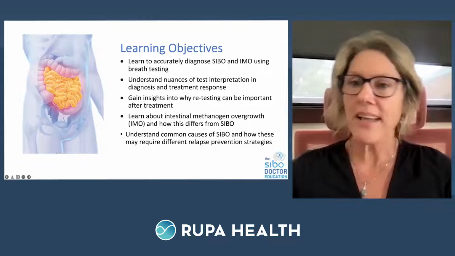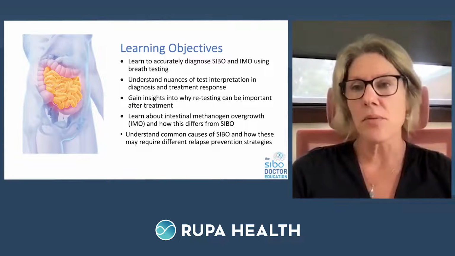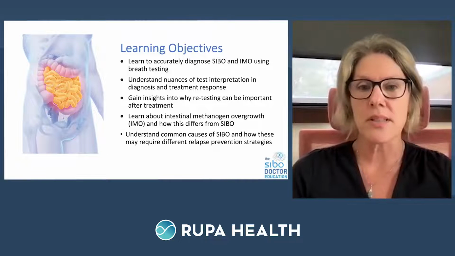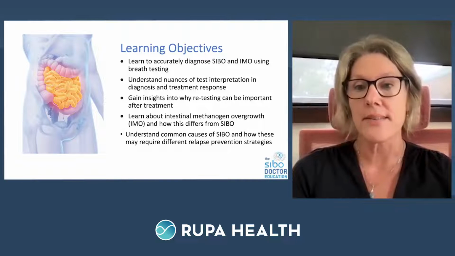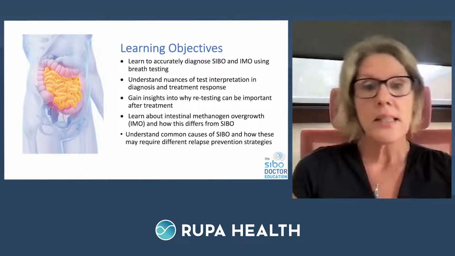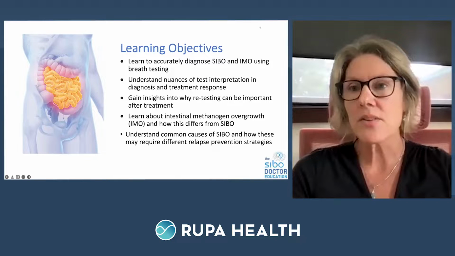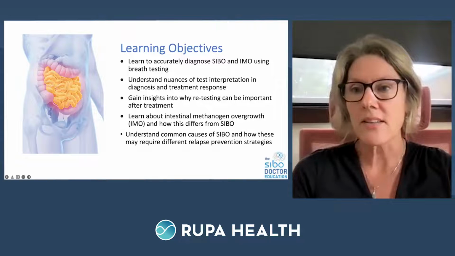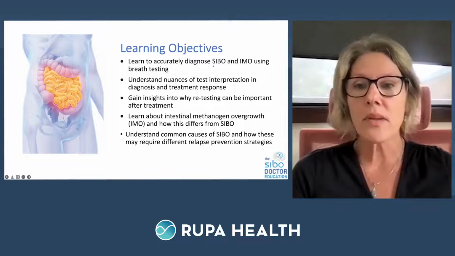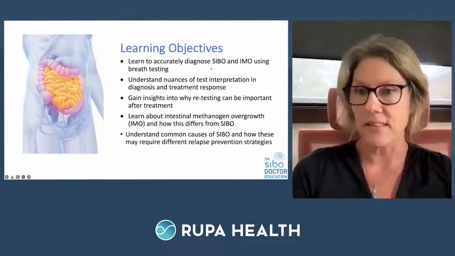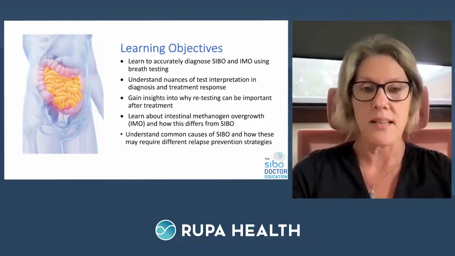But just to reiterate the learning objectives that probably came with your registration, it's really to accurately diagnose SIBO and IMO on breath testing. Let me just move all of my little windows here. I can't actually read stuff. Using the breath test, and the breath test is a very useful tool, I find, in clinical setting.